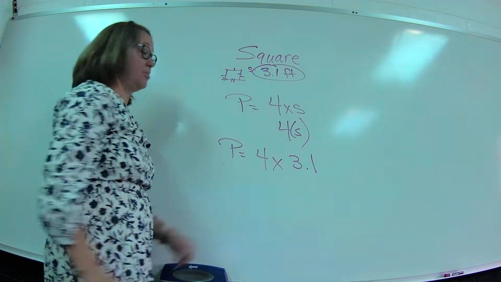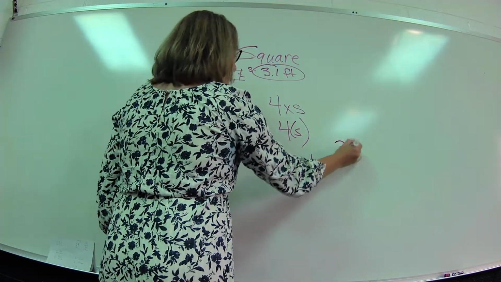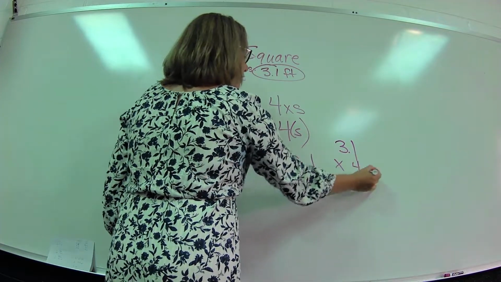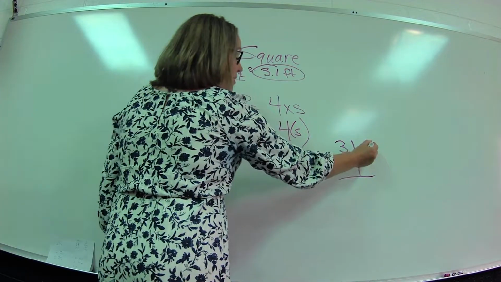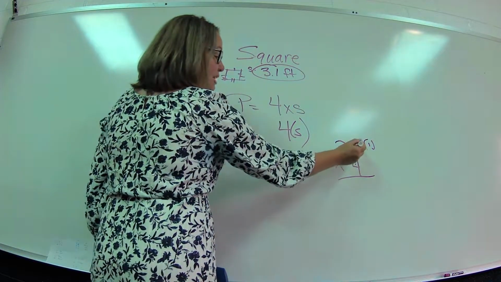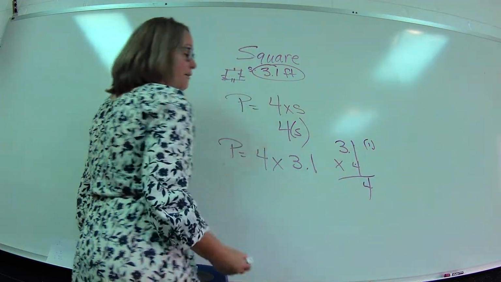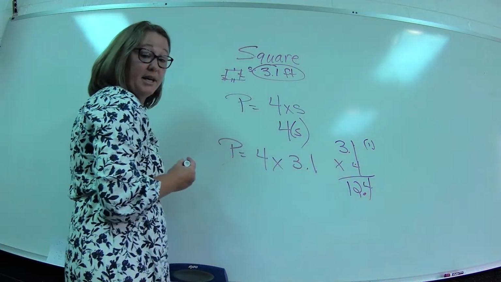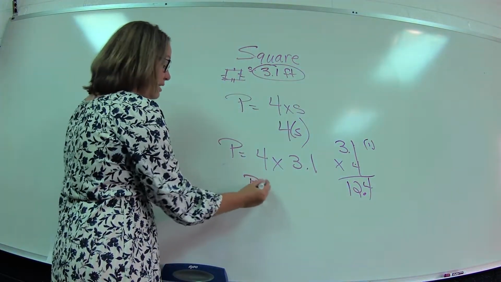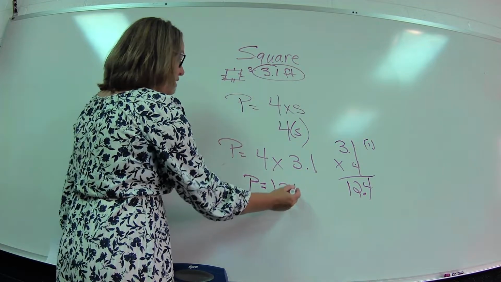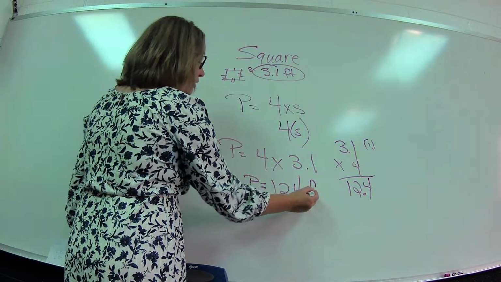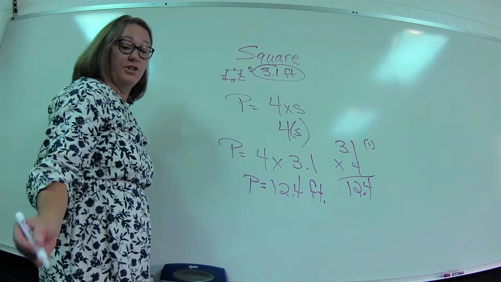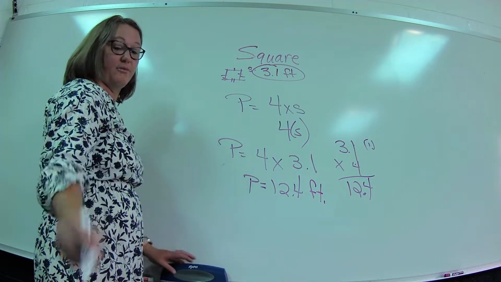We count our decimal places. 3.1 times 4. We have 1 decimal place. 4 times 1 is 4. 4 times 3 is 12. Make sure you put that 1 decimal place. So it's P equals 12.4 feet. Don't forget the unit of measurement.